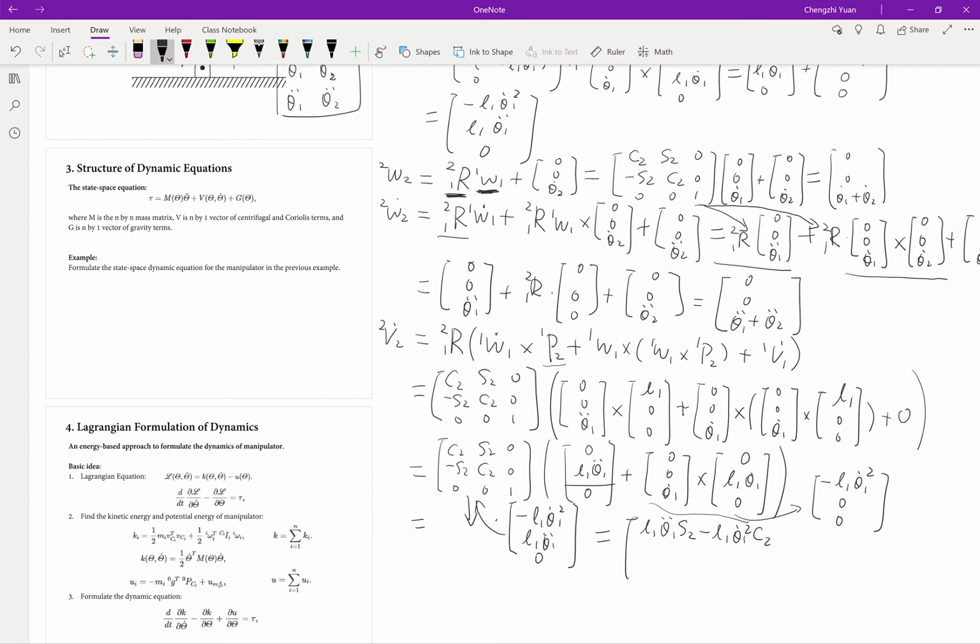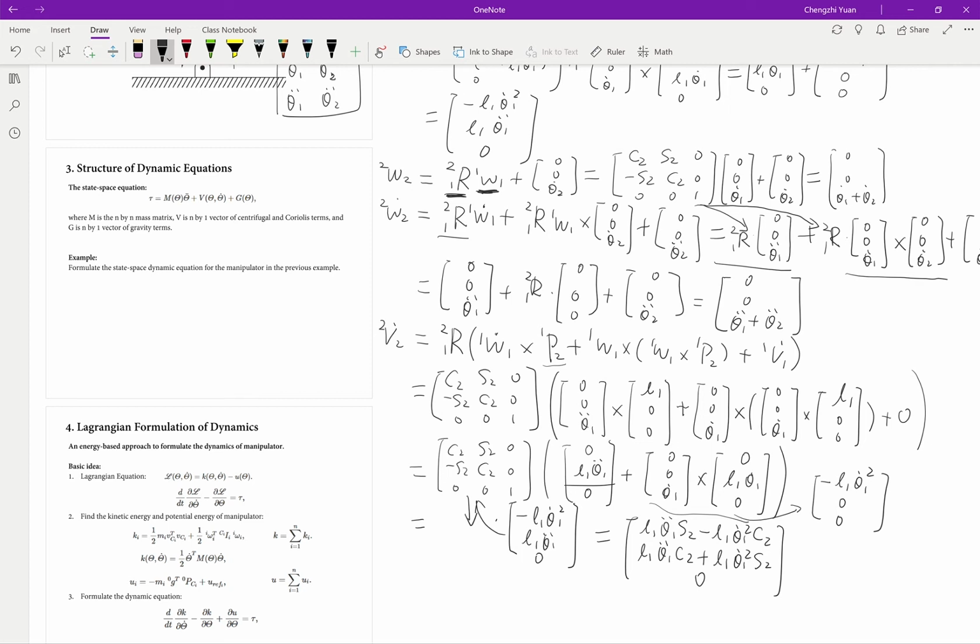And the second element would be L1 theta 1 double dot C2 plus L1 theta 1 dot square S2, and then 0.